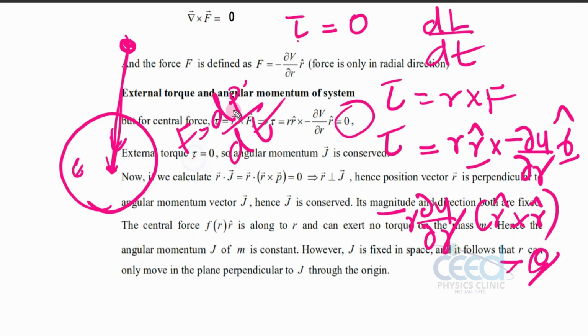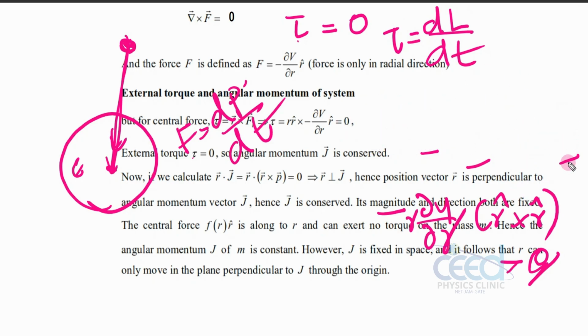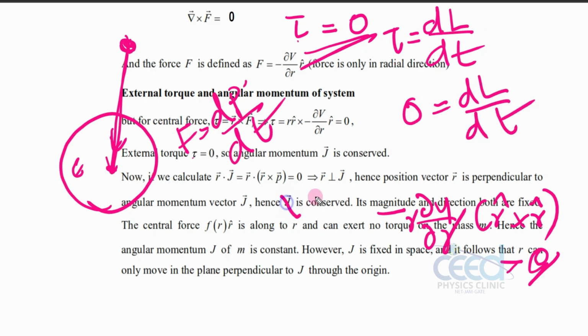So the rate of change of linear momentum is the linear force, and the rotational force is the rate of change of angular momentum. In the central force problem, torque is equal to dL by dt. That is 0, we proved. 0 is equal to dL by dt. That means L is a constant.